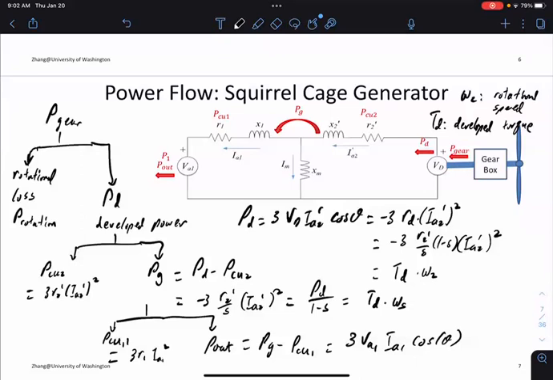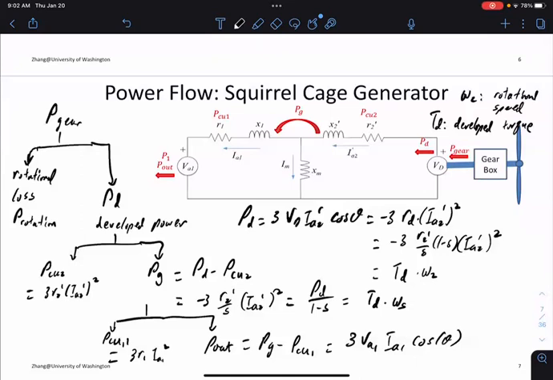Because then the slip is 0, right? So I don't really understand why the developed torque is related to the frequency, like omega-2, instead of the difference, because at synchronous frequency there is 0 torque.